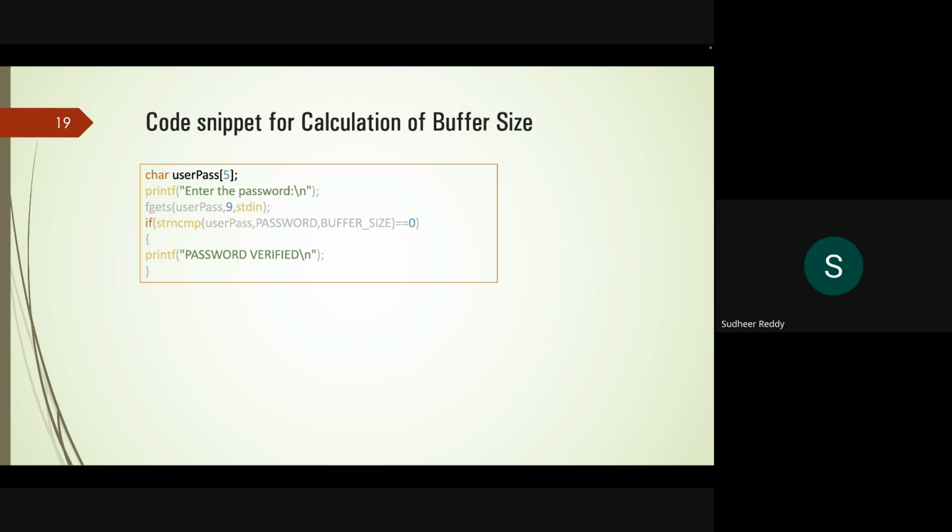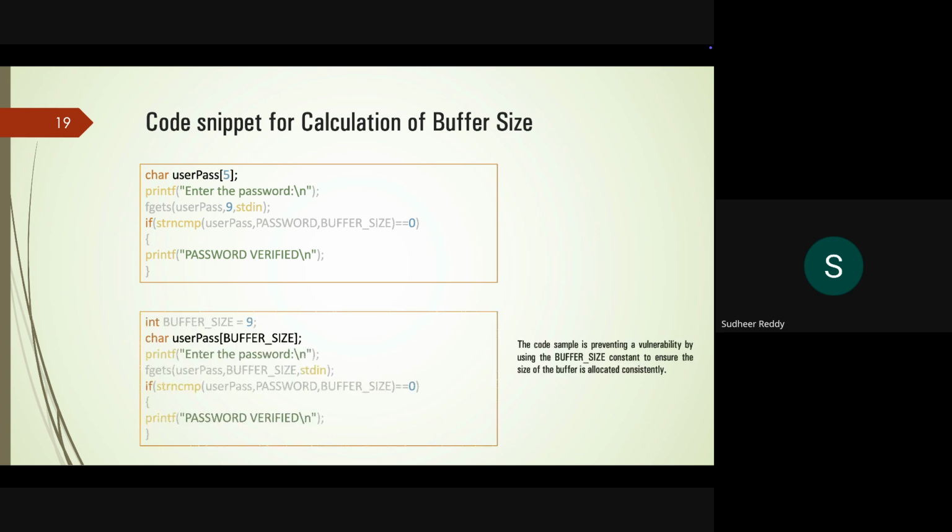Now, how do we fix such things is what I'm going to cover as part of this example. Look at the second version of the code. I have changed my logic slightly. Again, I am saying it is not a great technological advancement that is introduced in my second code. You just look at the second code, wherein the integer buffer size is equal to 9.